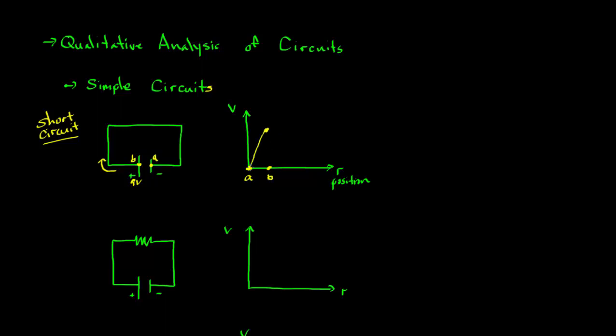And now we typically just ignore any resistance in the wire. So if I go along the wire to point C, my potential is still the same. It hasn't gone anywhere. And then if I come back around to D, it's the same case. D, it's still way up here.